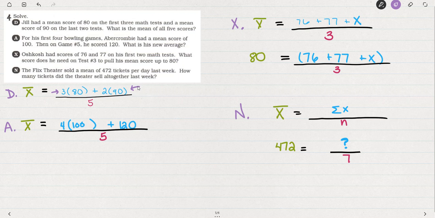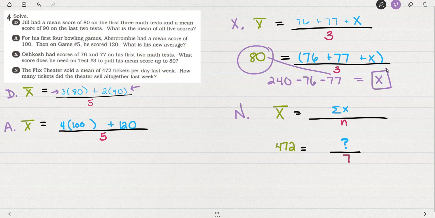Letter C, Oshkosh had scores of 76 and 77 so far, and what does he need on his 3rd test to get an average of 80? So if we add 76 and 77 and we let X be that missing score, we could see that his running total needs to be 240, because 80 times 3 would be 240. If we subtract his 76, subtract his 77, we're going to be left with the score for that last test.